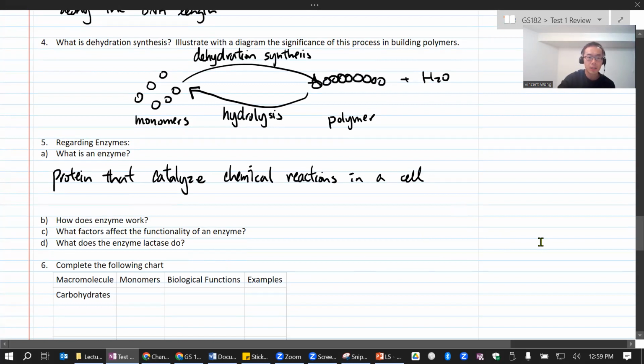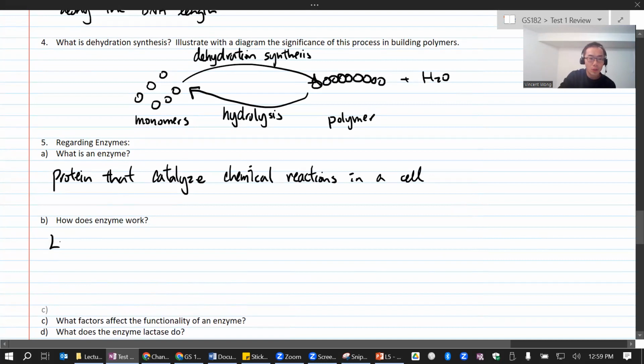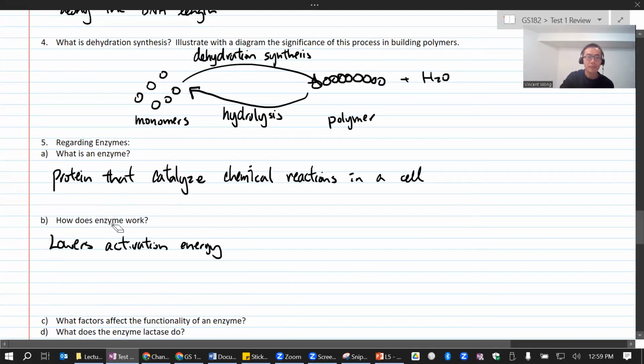How does an enzyme work? It lowers activation energy. Remember, it takes energy to get a reaction going. You can't just start it from nothing. Sometimes that requirement is too high, so with the help of an enzyme, you lower that energy requirement.